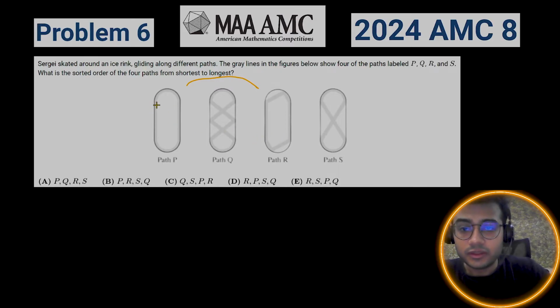It's just that between these 2 points, instead of going around the curve, we are going in a straight line. And since the shortest distance between 2 points is a straight line, that means R must be shorter than P, because everywhere else is the same except between these 2 points where we go directly in a straight line. So R must be shorter than P.